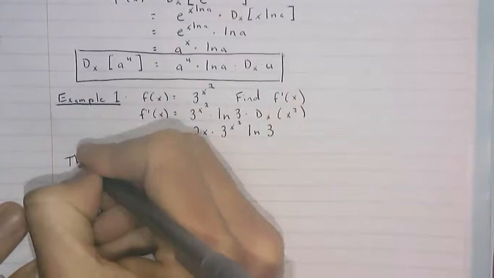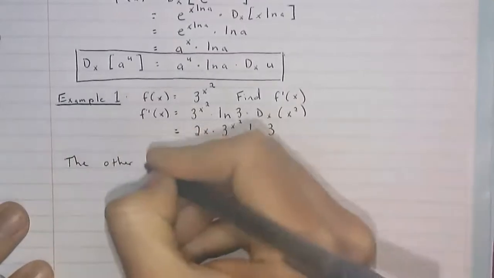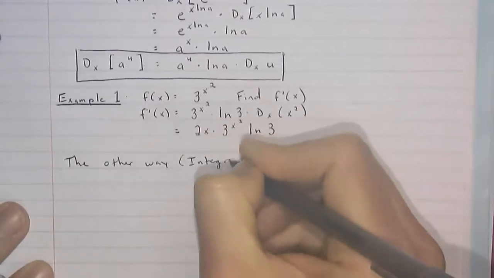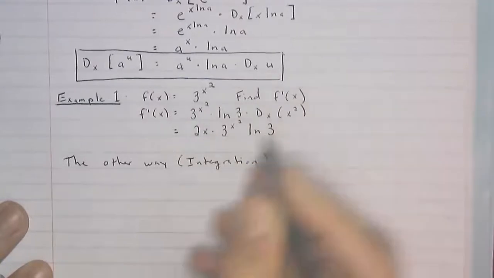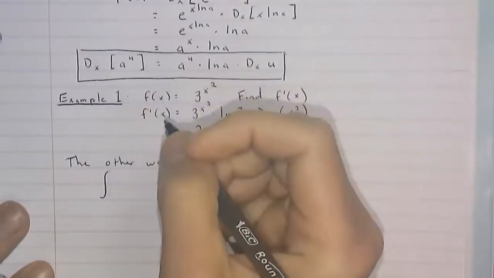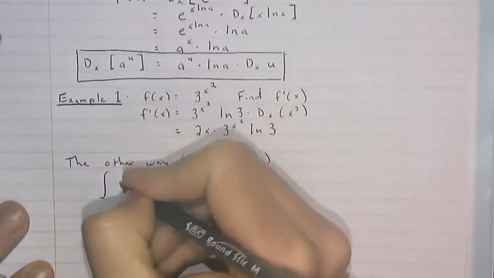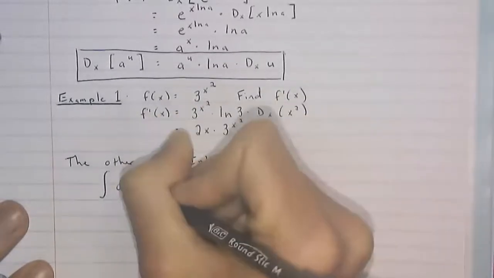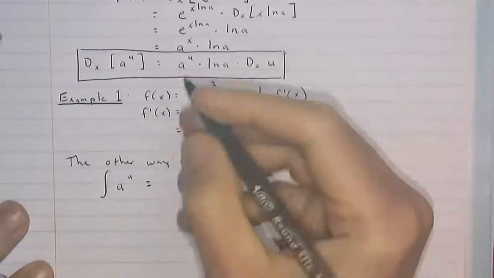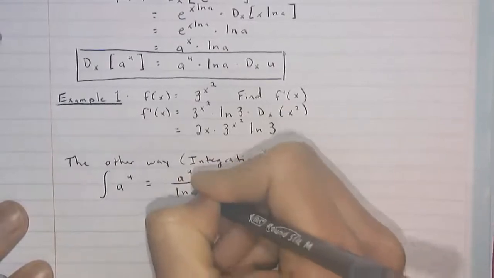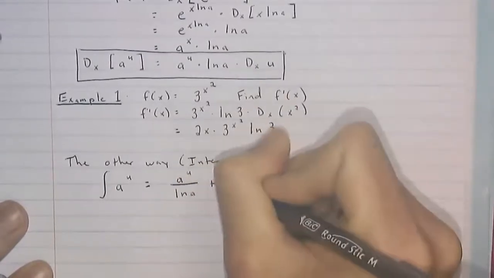The other way, integration, says that the integral of a to the u is equal to a to the u over ln of a, plus c.